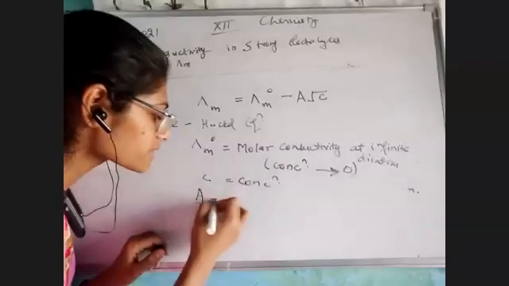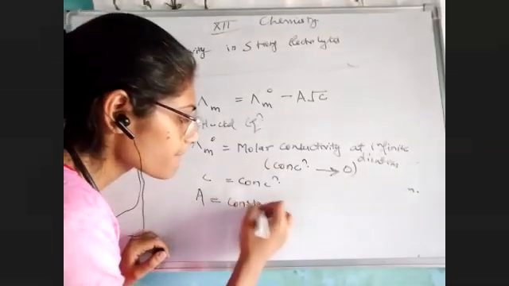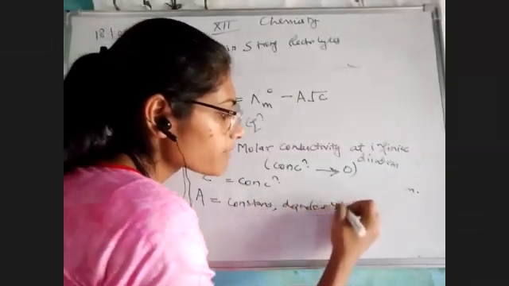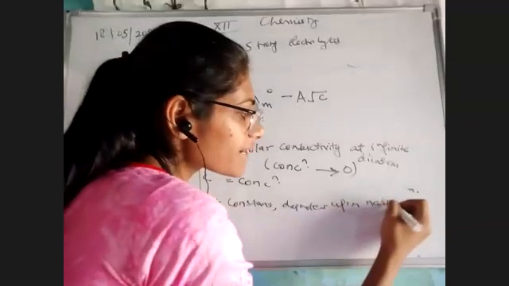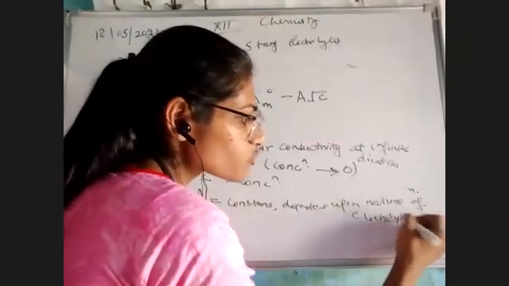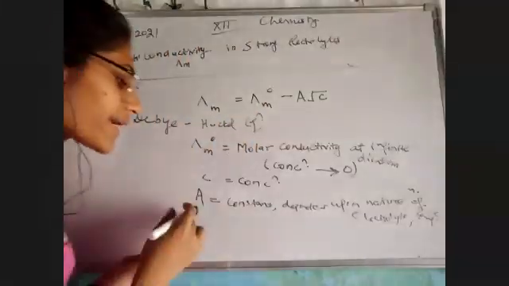A is a constant which is dependent upon the nature of electrolyte as well as the temperature. So for each kind of electrolyte, A would be changed.